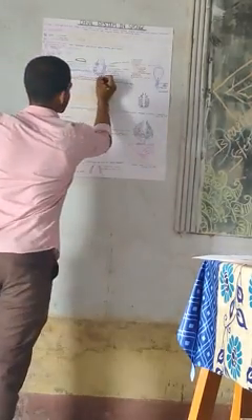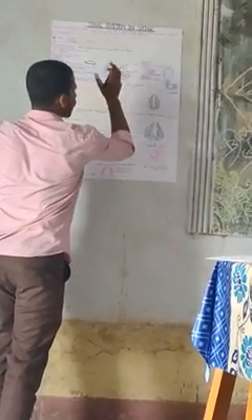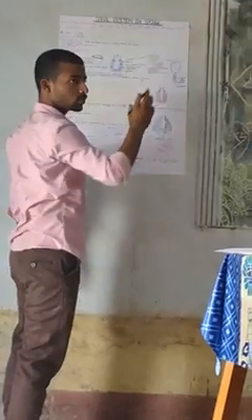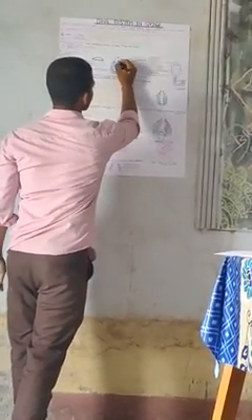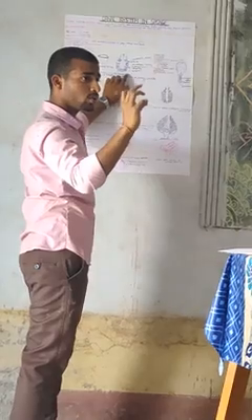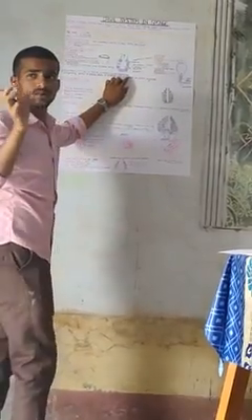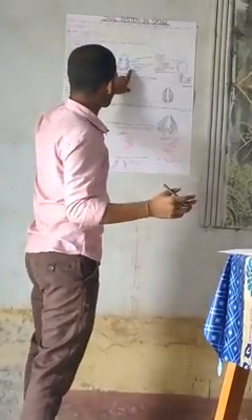One side here is closed, and there is only one opening to move the water out. So the function of flagella is to push the water, and the second function is that it protects against harmful dust particles and many other materials that are floating in the water.